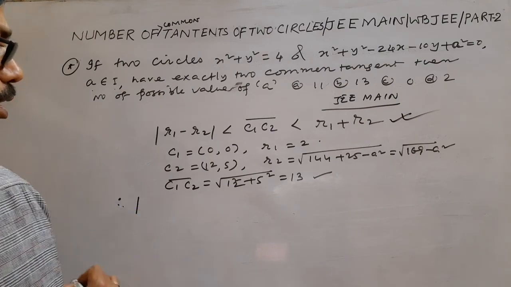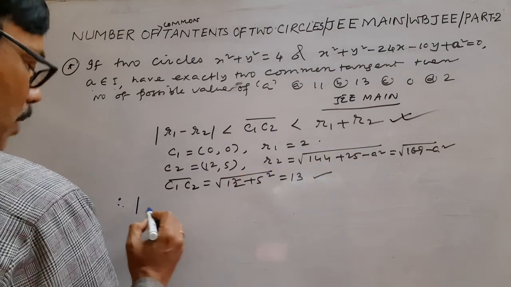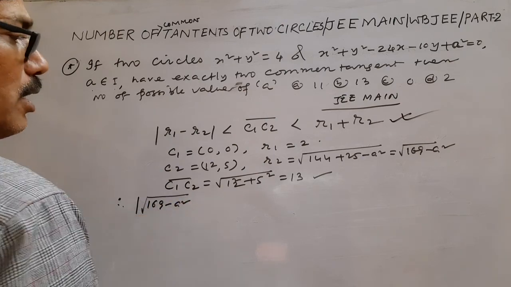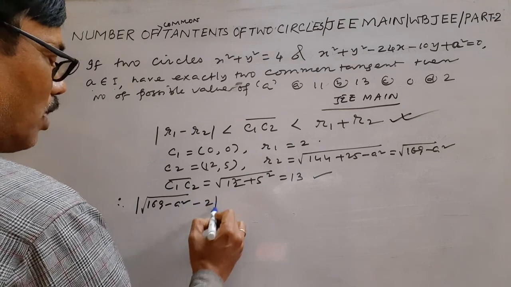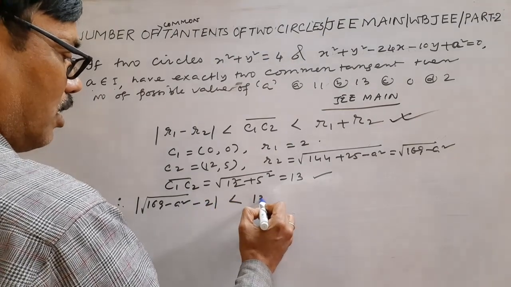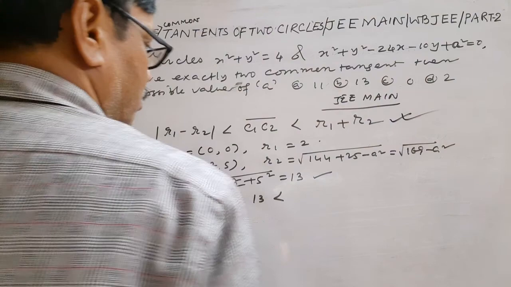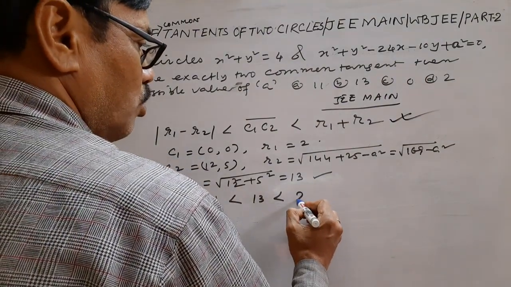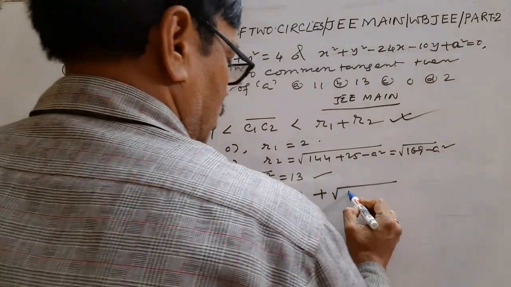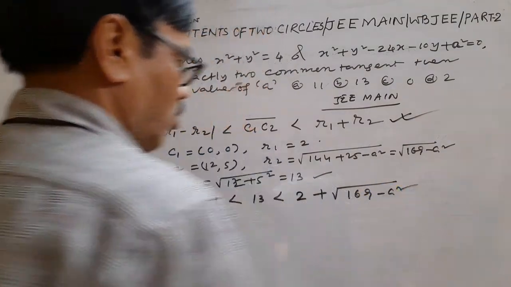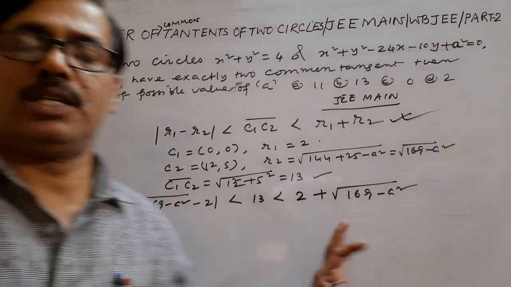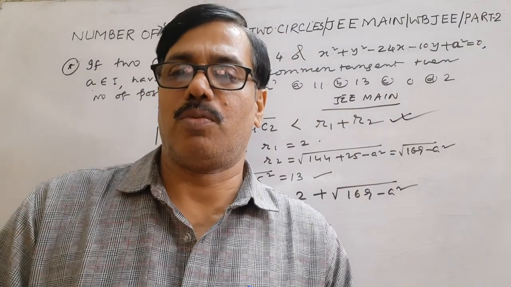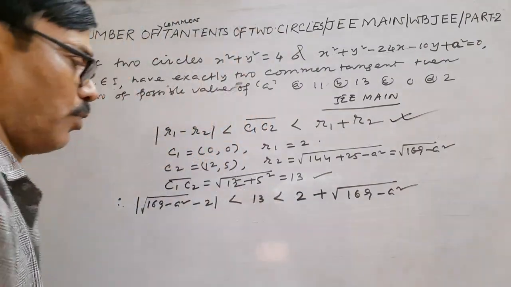Therefore, |R2 minus R1| less than 13 less than R1 plus R2. So what is R1? 2 plus root of 169 minus a square. So we are getting these two conditions. From this condition, we have to find the value of a.